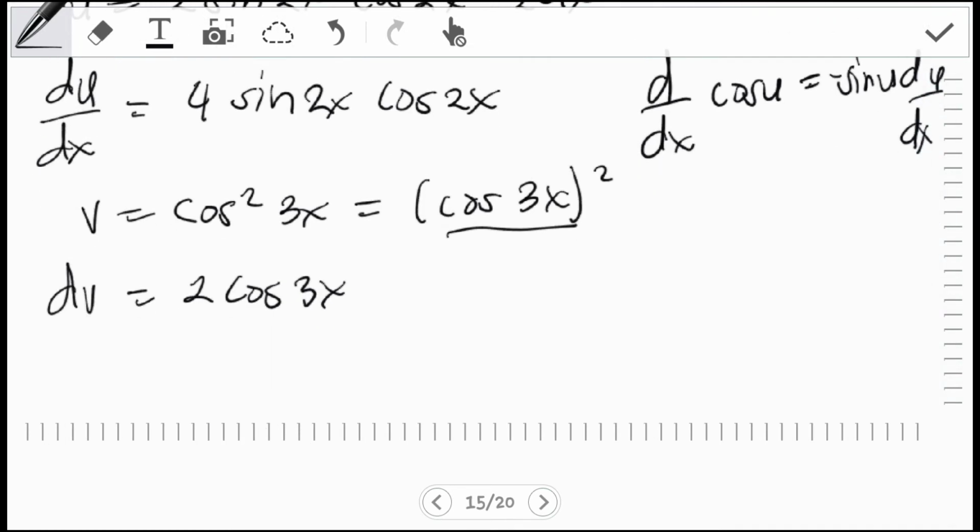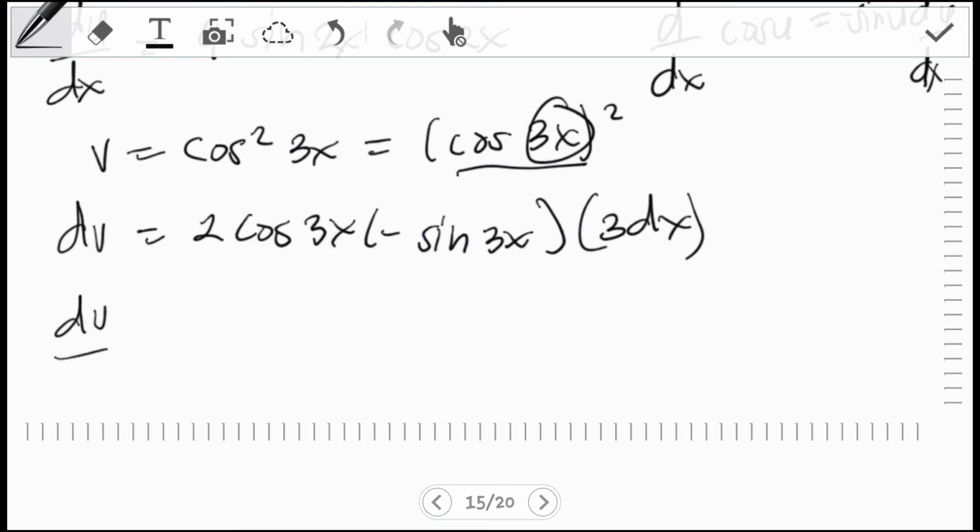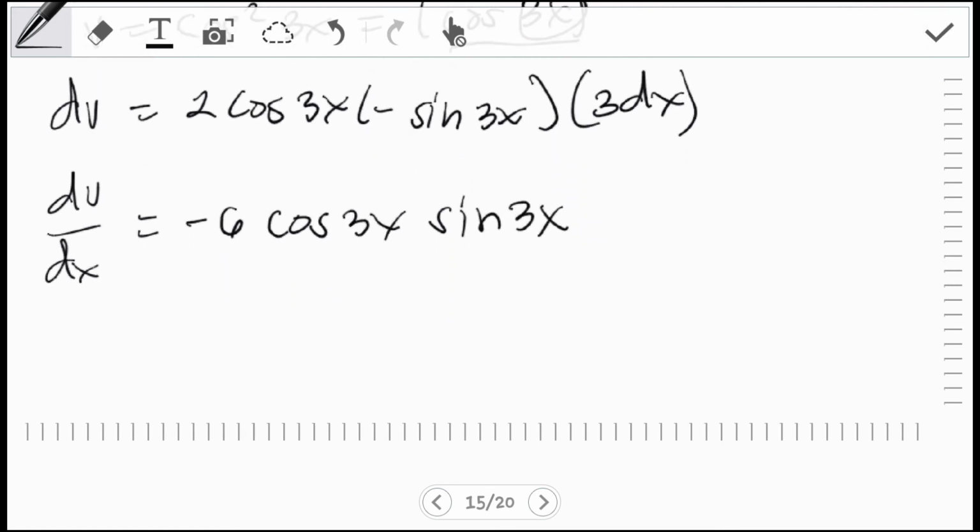Okay? So therefore, this is negative sine 3x. Okay? So we differentiate 3x, that is 3 dx. Okay? Then dv over dx is equal to negative 6 cosine 3x sine 3x. Okay?